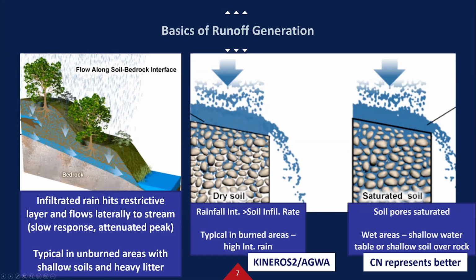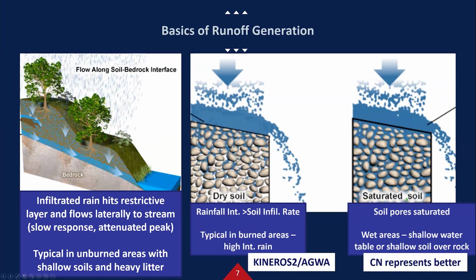This is typical in unburned areas with shallow soils and heavy litter. In a post-fire situation, we get runoff generation in infiltration excess, where the rainfall intensity is greater than the soil infiltration rate. This is more typical in burned areas with high intensity rates.